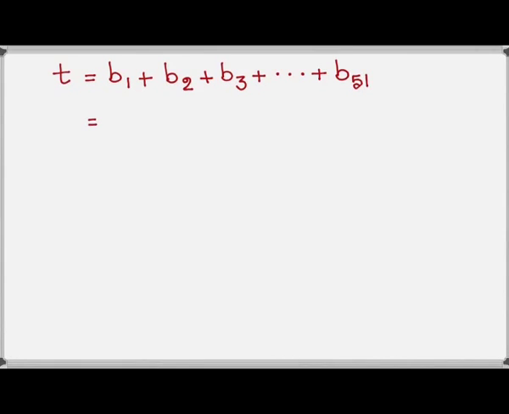So t is equal to b1 plus 2b1 plus 2 square b1 plus so on and so forth up to 2 to the power 50 into b1.